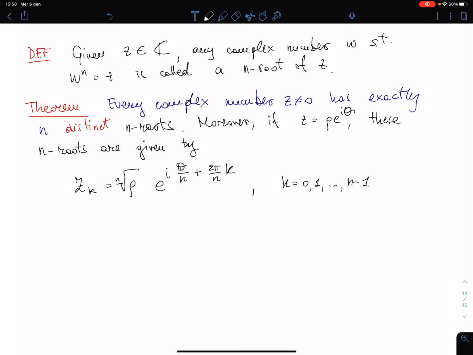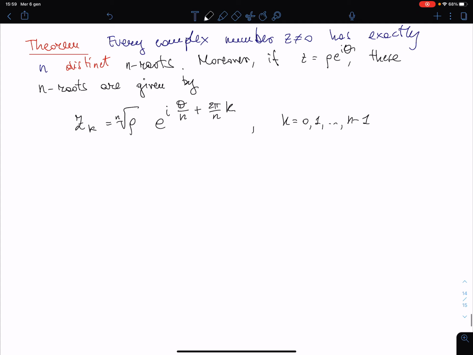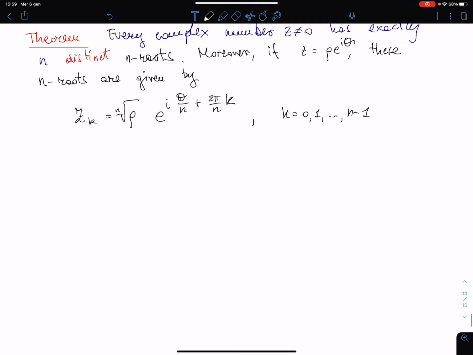Okay, and I want to show you by a picture how this construction is made.